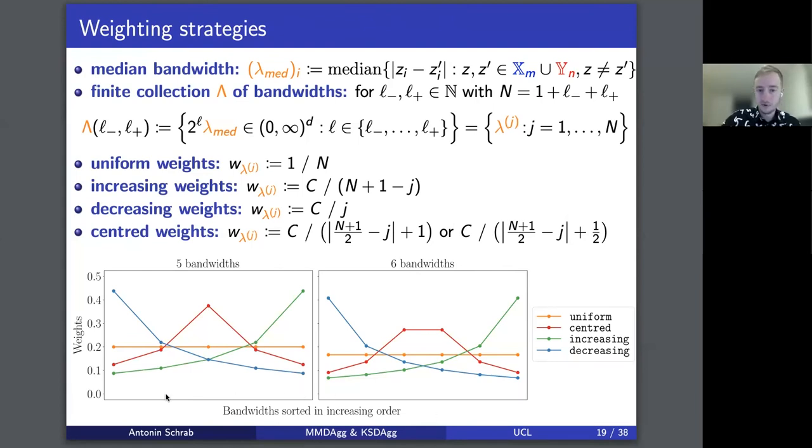So the uniform weights are just the same for all the bandwidth. The increasing weight increases, the decreasing weight decreases, and the centered weight puts the highest weight at the center of the bandwidth. This is for an odd number of bandwidth, and this is for an even number of bandwidth.